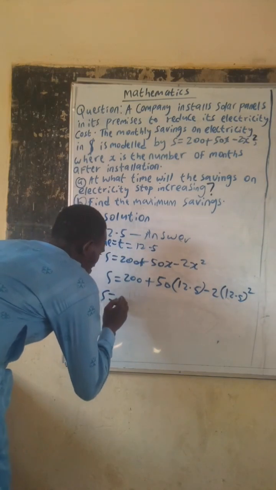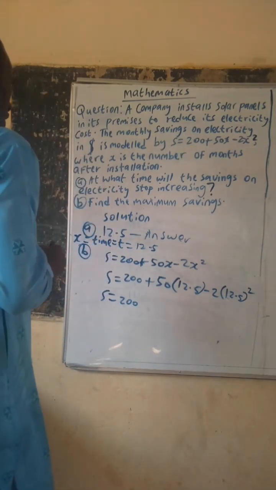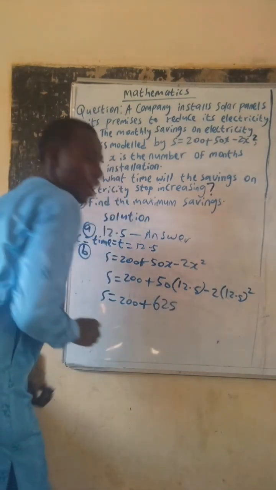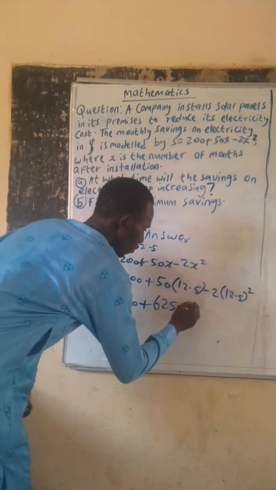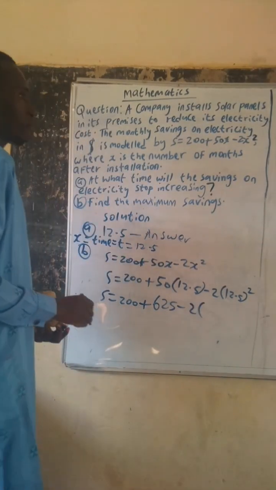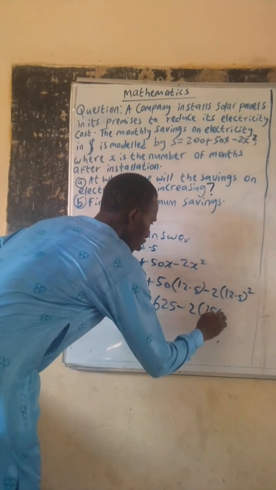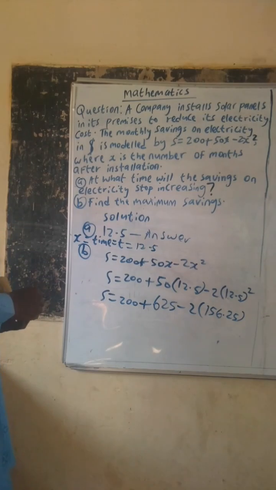So we have S equals 200. 50 multiplied by 12.5 is 625. So we bring down the minus. Then we have 2 times 12.5 squared. 12.5 squared is 156.25, if you use your calculator well.